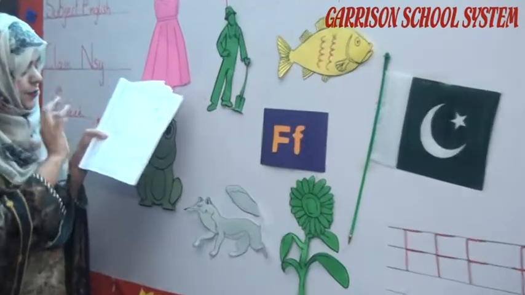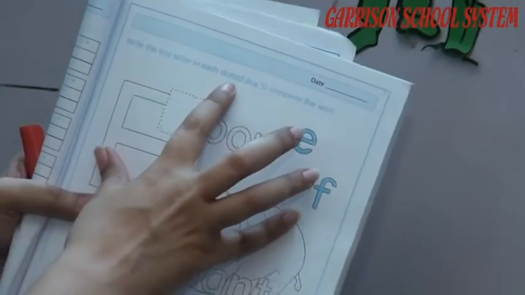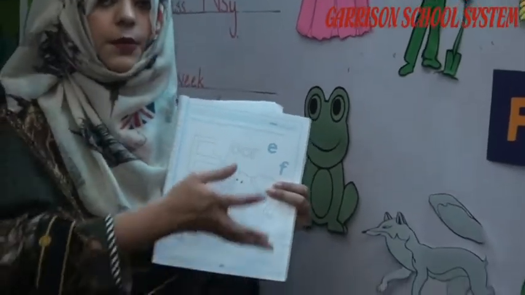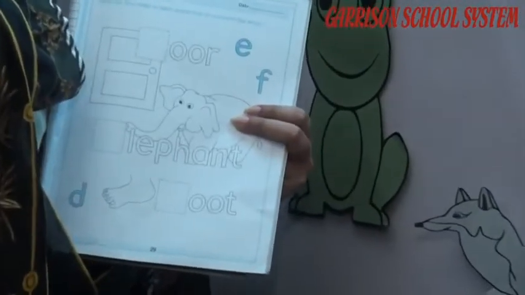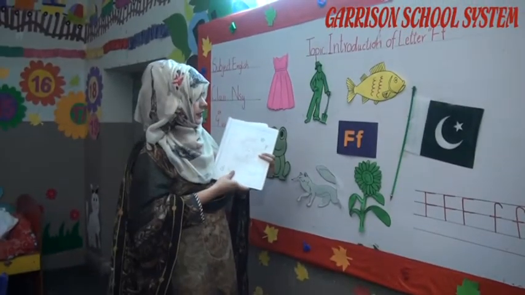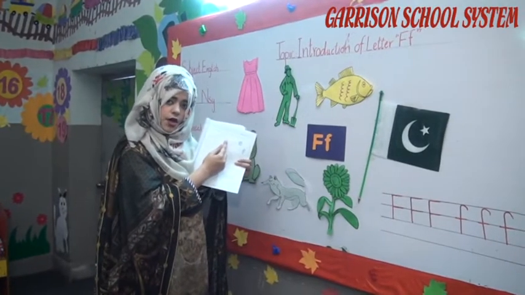Now we are going towards page number 29. Write the first letter in each dotted box to complete the word. It's basically for reinforcement, because you have learned many letters earlier. So D for door.